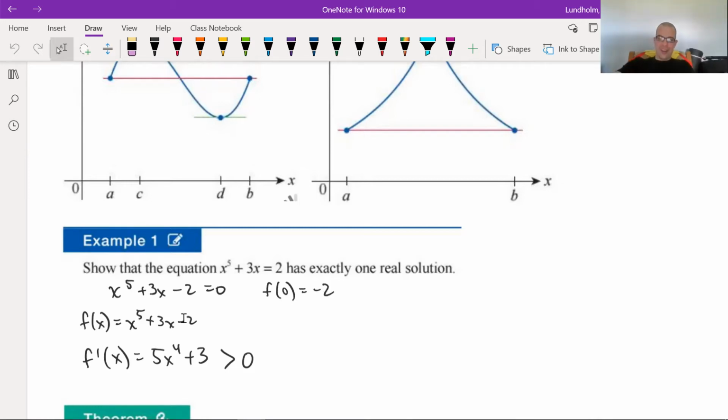And so we know that, shortly after the y-intercept, as this thing continues to grow, we're going to cross the x-axis once, and only once, because this will always be positive, and as this is monotonically increasing, there's never going to be any opportunity for the function to go back down and cross the x-axis again. So through explaining, we've shown that this is exactly one real solution.